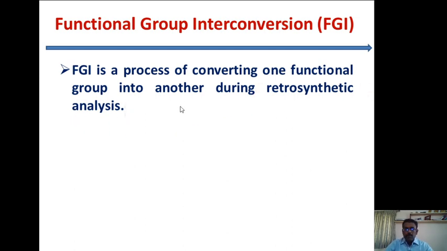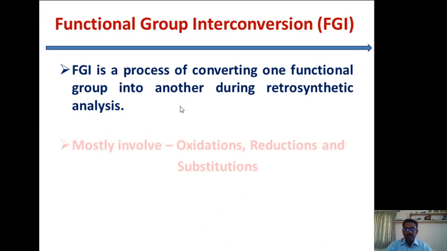Suppose, yesterday we saw an example where we converted an ester into an acid. Like that, today we will learn how to convert one functional group into another, why we are converting it, and what the use of that conversion is.